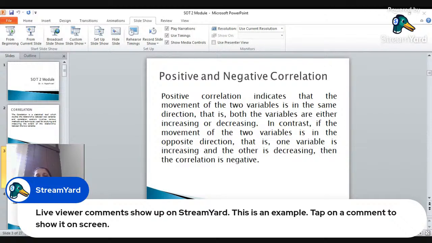How much is the R value? What is the R value as I told you right now? The range of R value is always between -1 to +1.